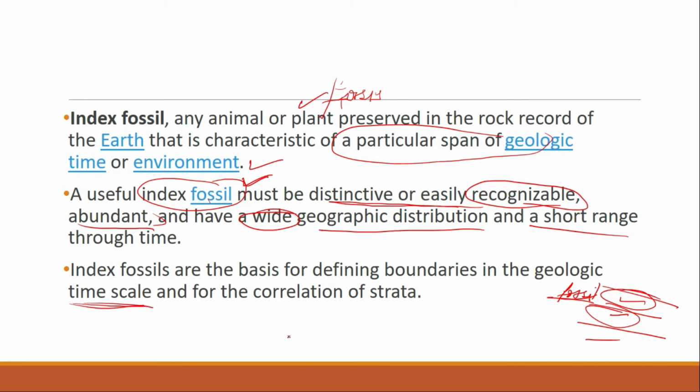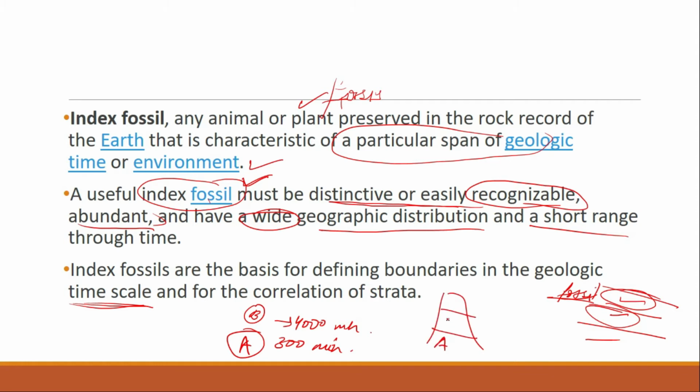They tell us that this fossil A existed for 300 million years. Then fossil B existed for another 400 million years. Just as we saw before, there is a geological column.